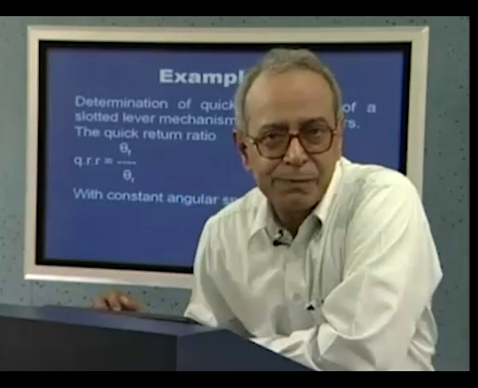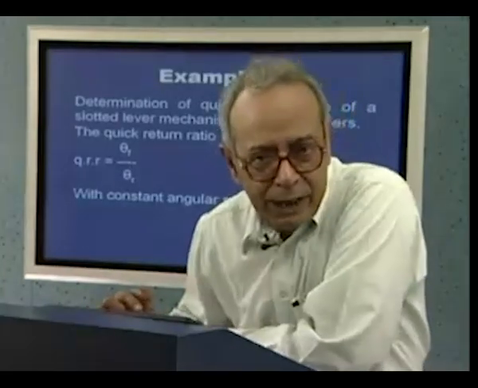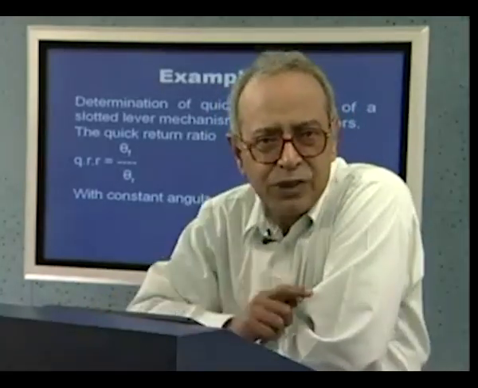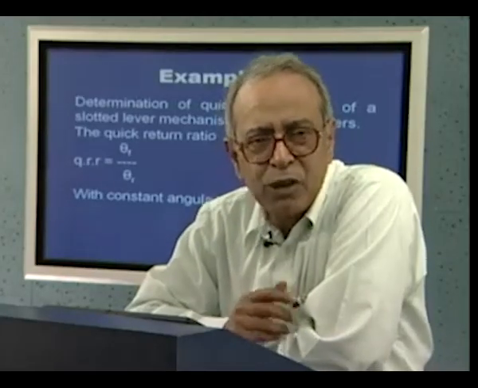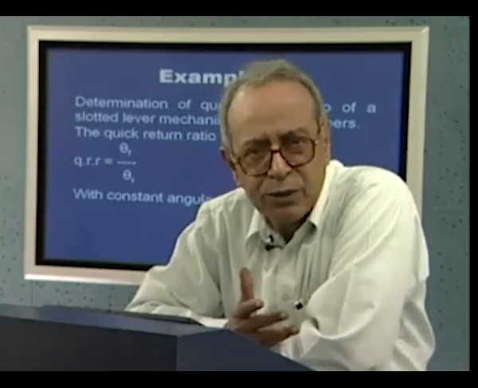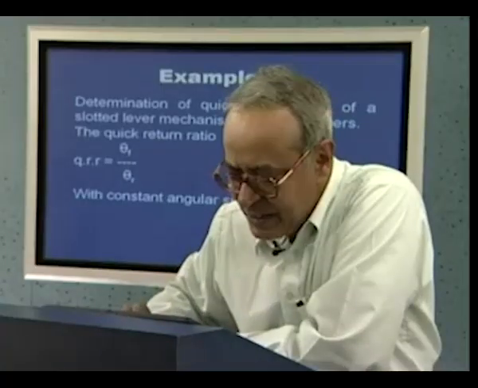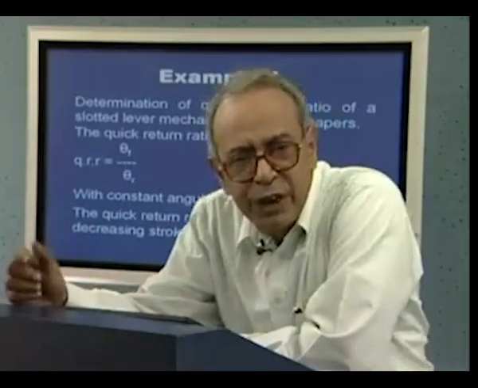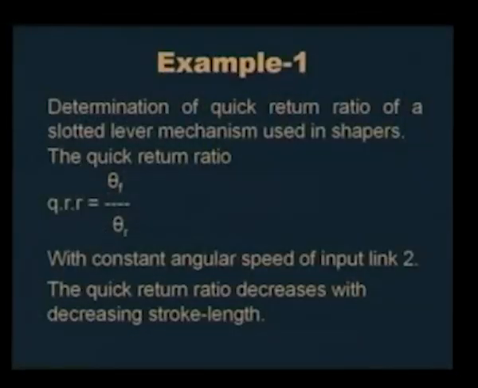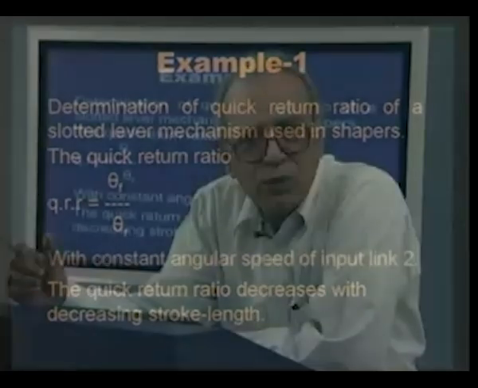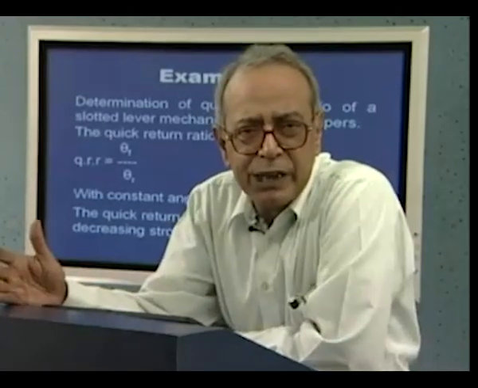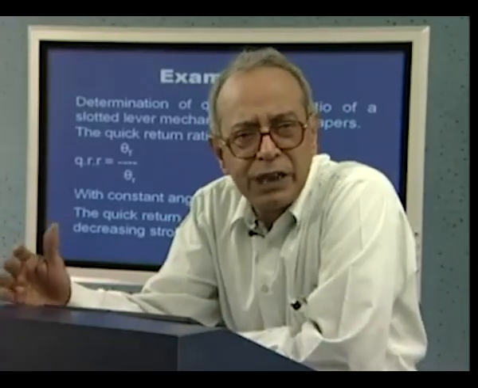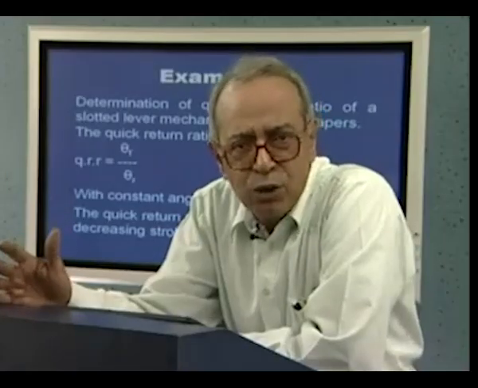We have just now explained that the slotted lever quick return mechanism used for shaping machines is not good for smaller stroke length, because then the quick return ratio tends to become 1. That is, the quick return ratio decreases with decreasing stroke length. However, for slotting machines, where the stroke lengths are normally short, we have to have a different type of quick return mechanism where the quick return ratio is independent of the stroke length.